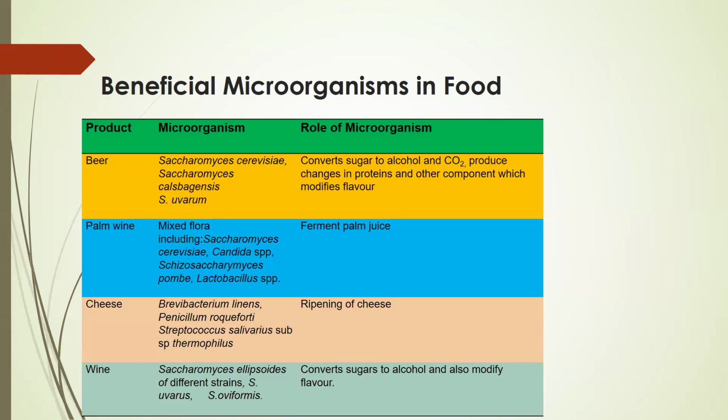People that drink this alcohol are the only ones that will tell you that they like the flavor of Guinness stout, but they like the flavor of NBL lager beer. Every industry has its own secret, the microorganism species they use. They have their strain and they guard it jealously.